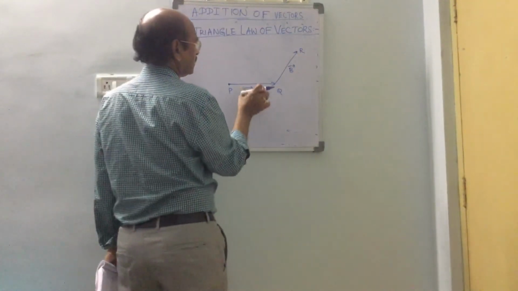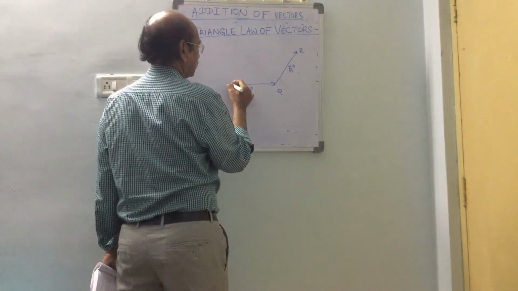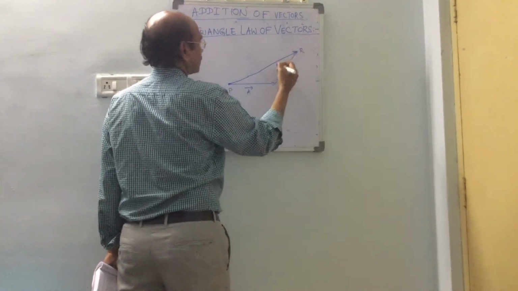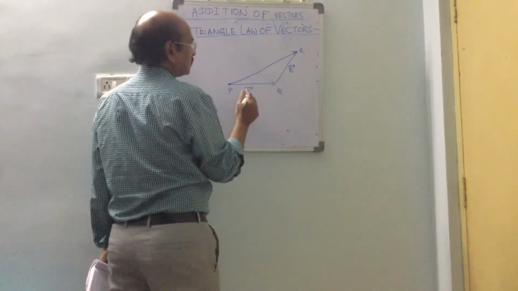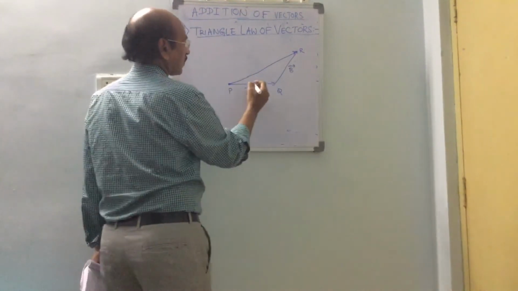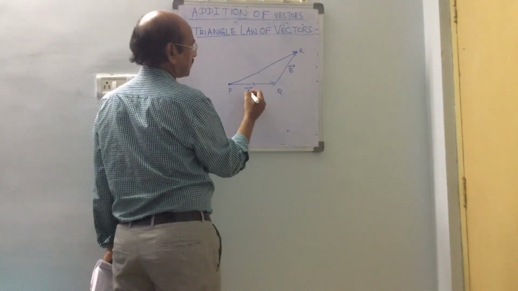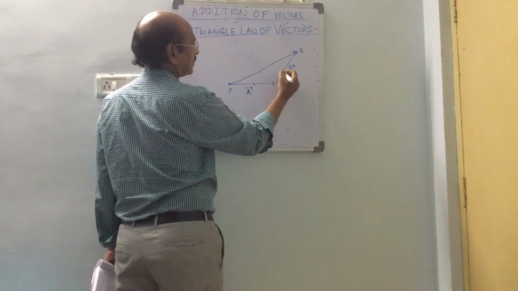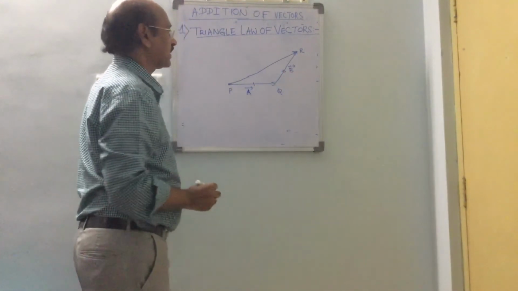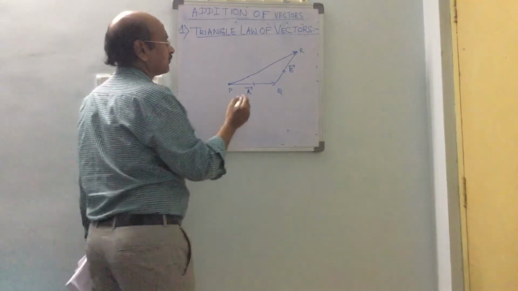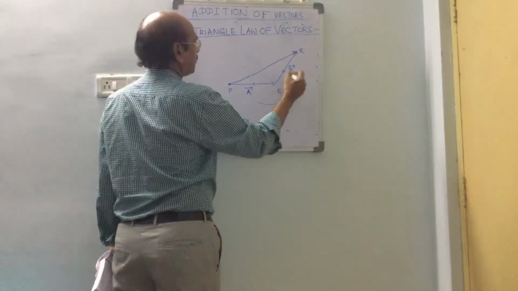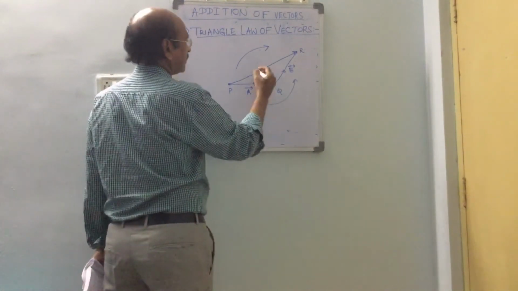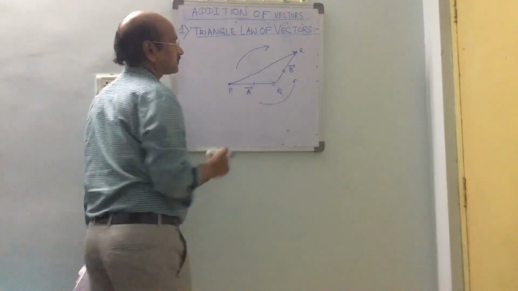Now to obtain the resultant, join the tail of the A bar with the head of the second vector. So the first vector A bar is represented by one side of the triangle, then B bar by the second side of the triangle, and the resultant is represented by the third side of the triangle taken in the opposite direction.